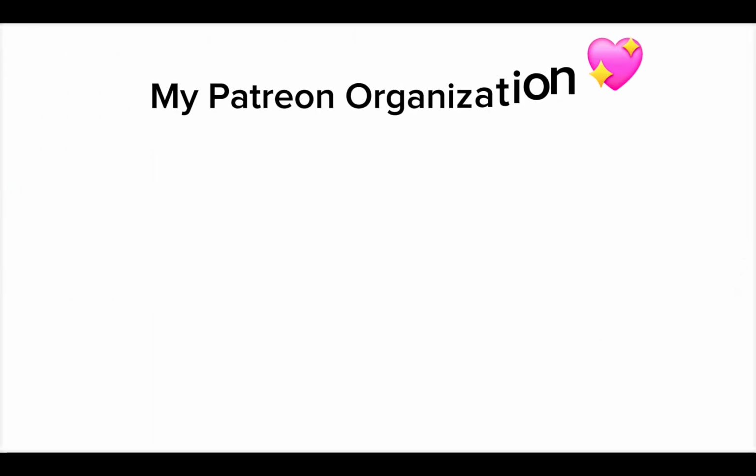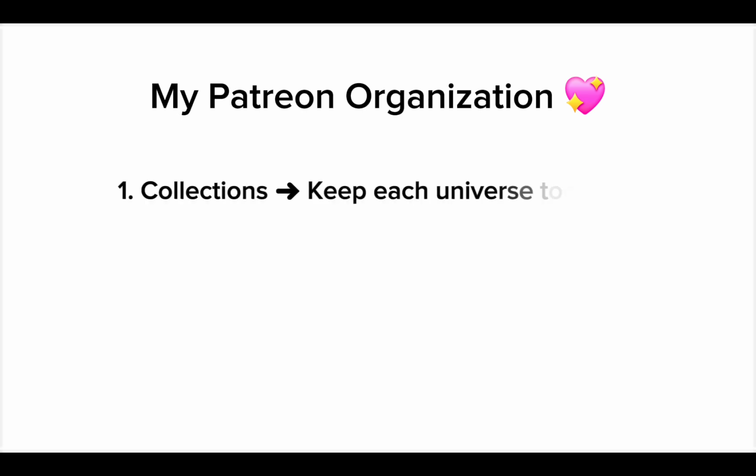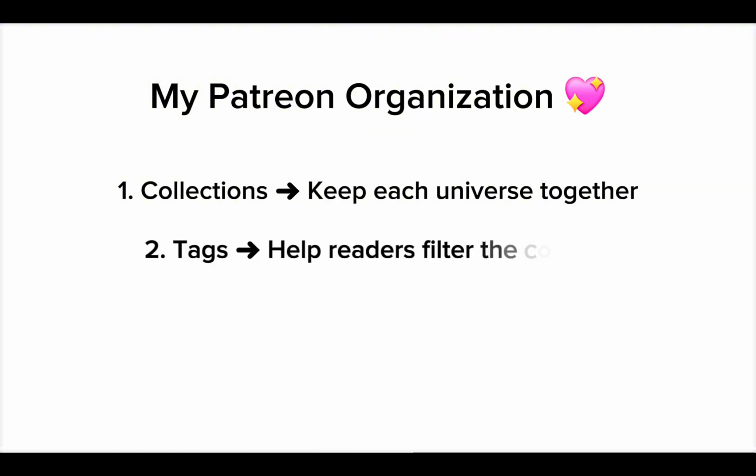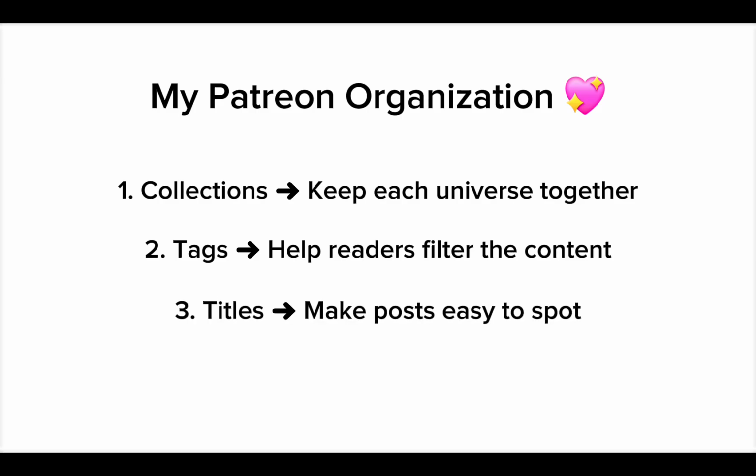Alright, so now to summarize, my Patreon organization really comes down to three things. Collections keep each universe together. Tags help readers filter the kind of content they're looking for. And consistent titles make every post easy to identify at a glance.